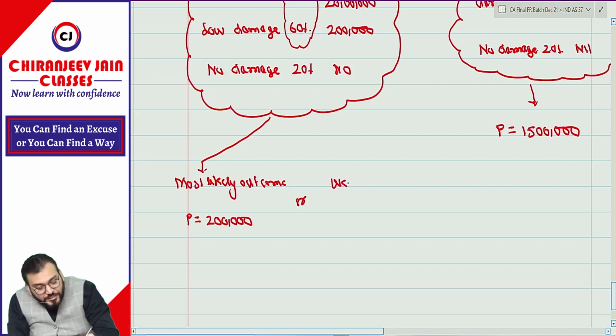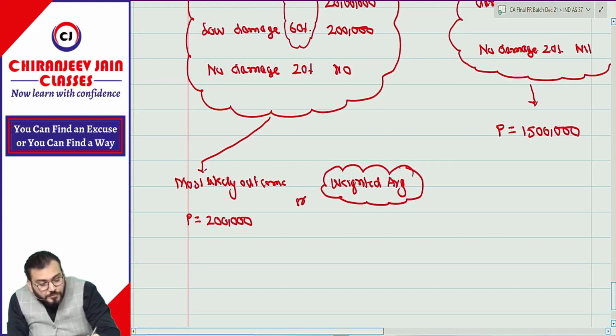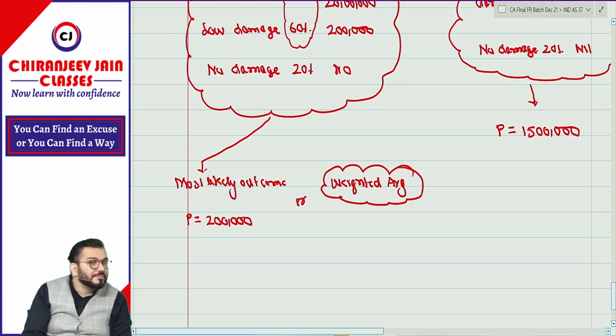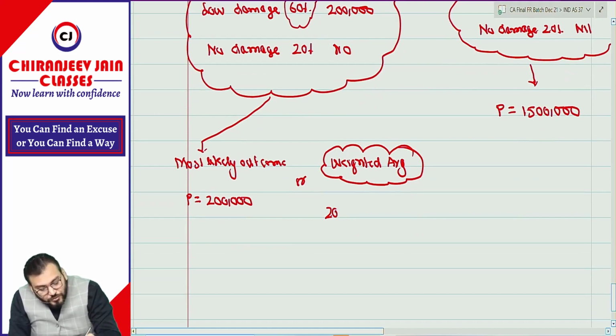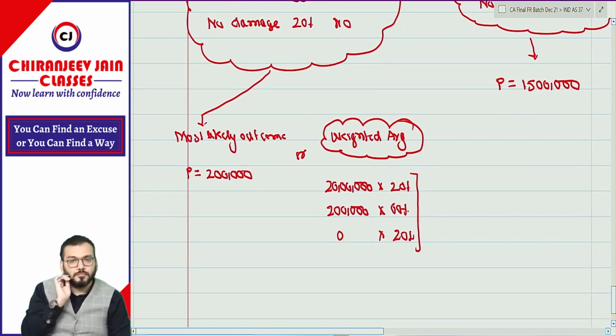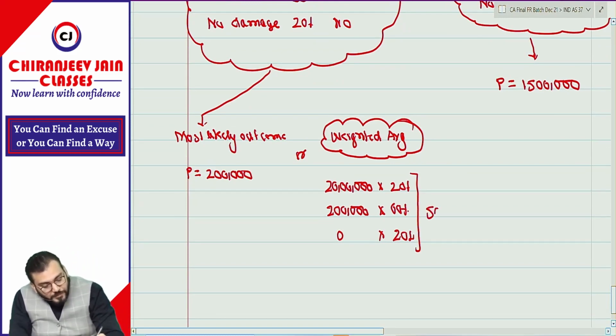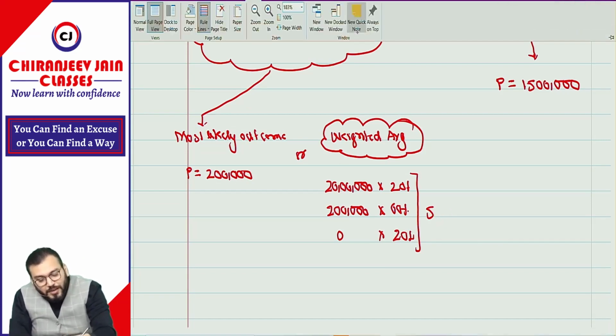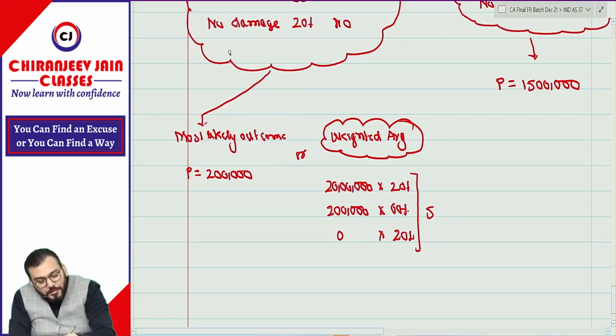Or if you apply the weighted average of all possible outcomes, then what will be your answer? Tell me. It is 20 lakh multiplied by 20%, then 2 lakh multiplied by 60%, and 0 into 20%. What is the amount? 5 lakh 20,000. So 5 lakh 20. I hope you understand. Correct?